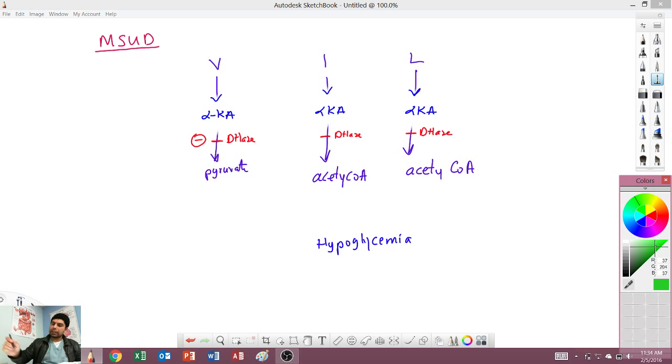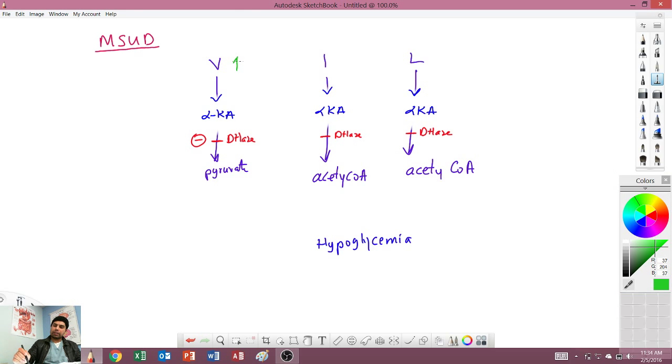Okay. Now in those cases you will have increase in what? In valine, leucine, isoleucine, or keto acids. They will increase in blood and in urine. When people start peeing, remember that, in this case it's not a reabsorption problem like in cystinuria.